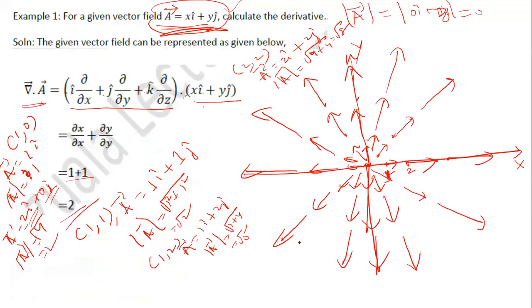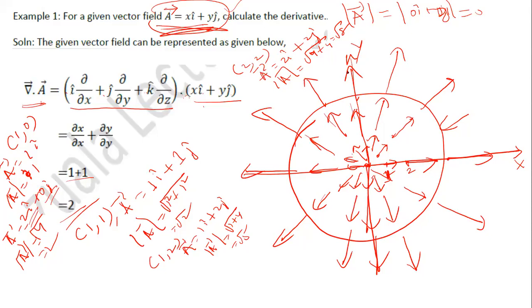Now, going back to this example, let us consider this region of space here, enclosed by a certain closed surface. Vector fields are leaving: 1, 2, 3, 4, 5, 6, 7, 8, 9, 10, 11, 12. 12 of them are leaving. How many are entering this region of space? None, isn't it?